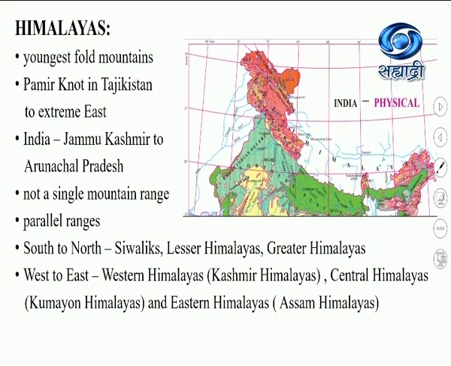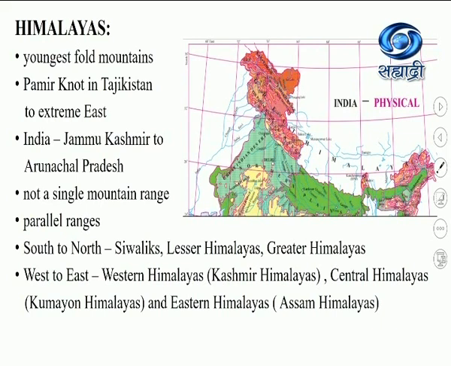Now this Himalayan range is not a single mountain range. There are various parallel ranges. So the Himalaya is not a single mountain, but is composed of various ranges starting from west to east, and also we can describe the Himalayan system from south to north.